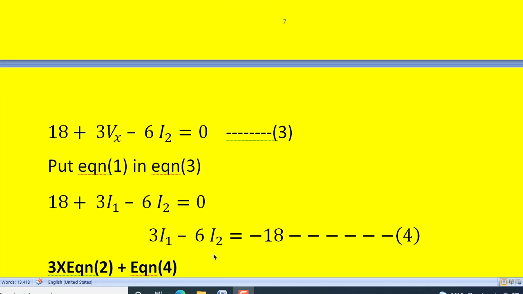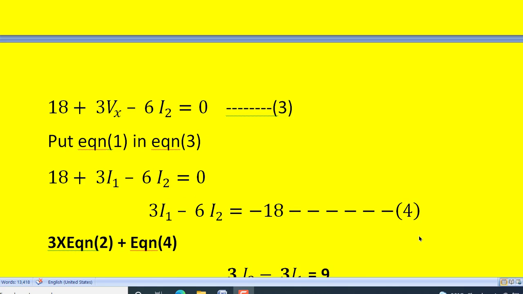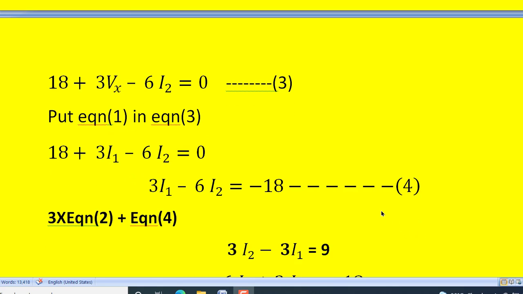Then we can further simplify it like this: 3I1 minus 6I2 is equal to minus 18, and we say this is equation 4.